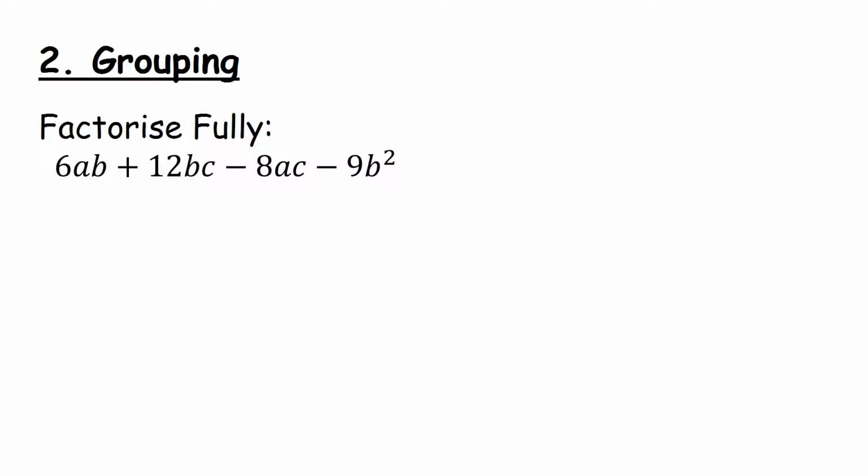It is absolutely fine to move our terms around to make them a better fit. Okay, so what I'm going to do is I'm going to keep my 6ab here. I'm going to move this minus 9b squared up here because there's definitely something common within the numbers. There's also something common within the letters, so that should give us a good answer.